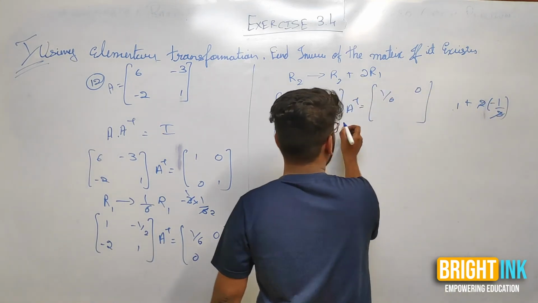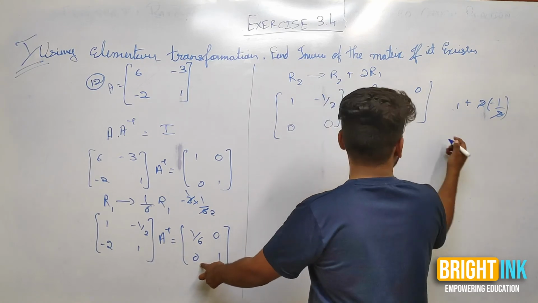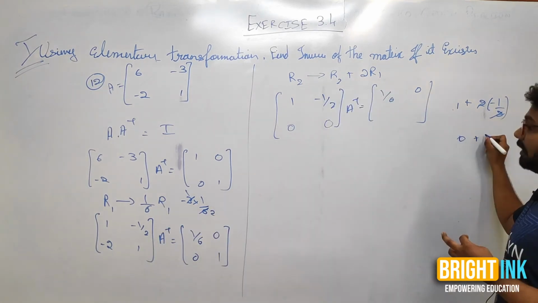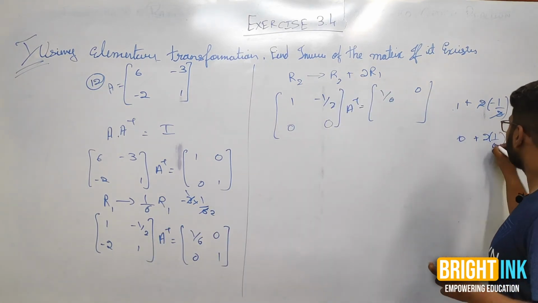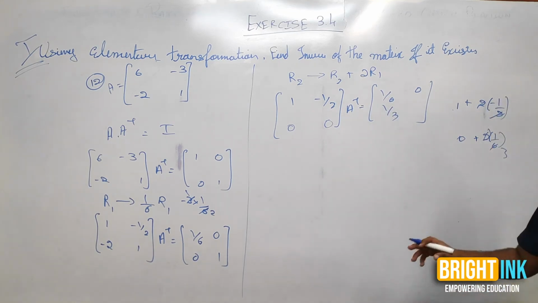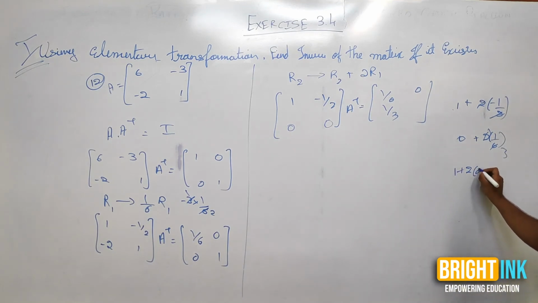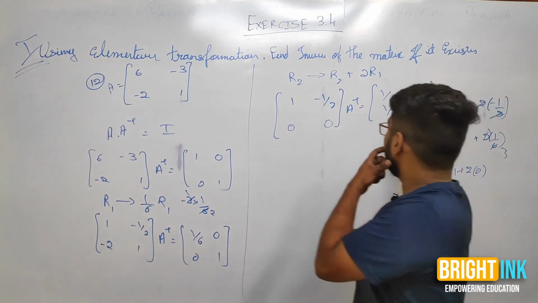Plus into minus is minus, so it will become 0. Let's check here. So it is 0 plus 2 into 1 by 6, so it is 1 by 3. Now R2 is what again? 1 plus 2 into 0. This remains 1. 2 plus 1, okay? So this remains 1.